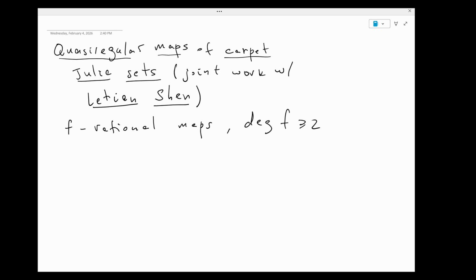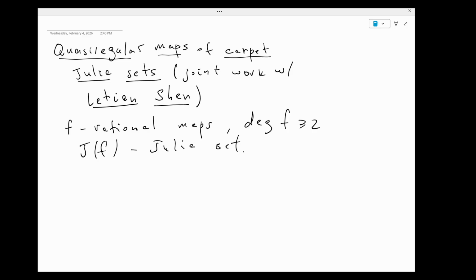Thank you. So of degree 2, and I'll denote by J of F its Julia set. I'm not going to define Julia set, but hopefully most people are familiar.